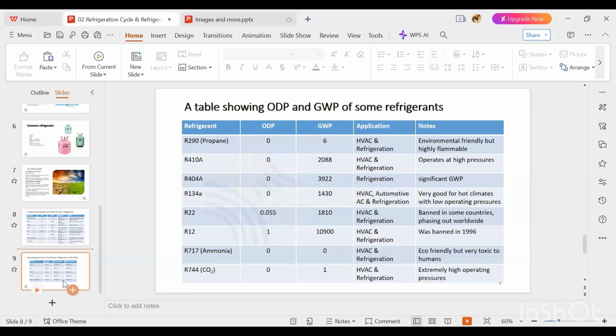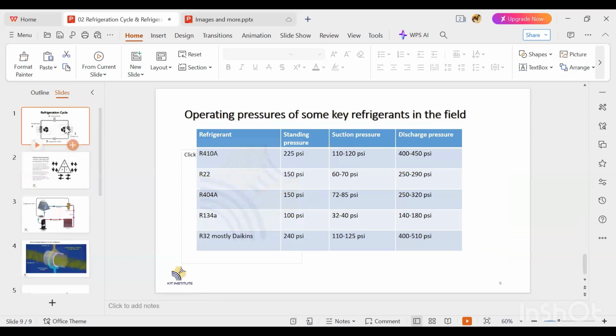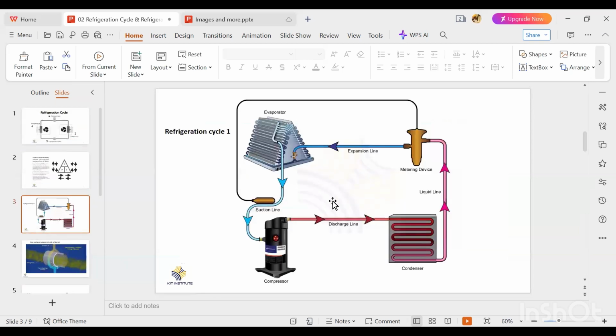Then we have suction pressure. This is the pressure you will measure on the suction side, or suction line, of the system. The suction line is the line before the compressor.